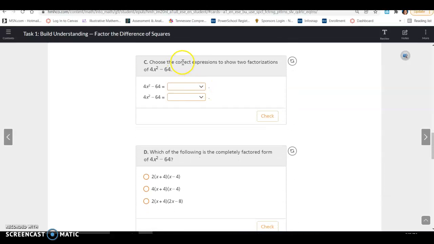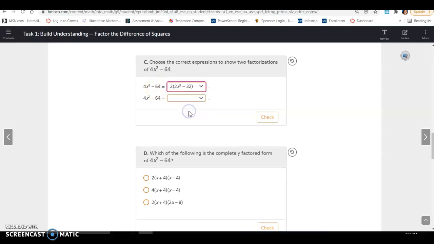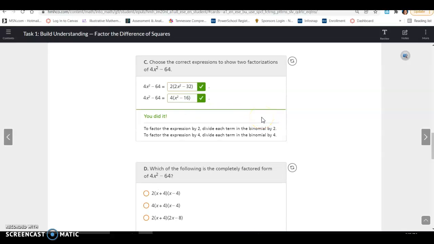All right, so it says choose the correct expressions to show 2 factorizations of this. All right, so the first one we're going to choose. If we factor out a 2, we're left with 2x squared. And if we factor out a 2 of 64, we're left with 32. All right, in the second, if we factor out a 4, we're left with x squared. And 4 goes into 64 16 times.